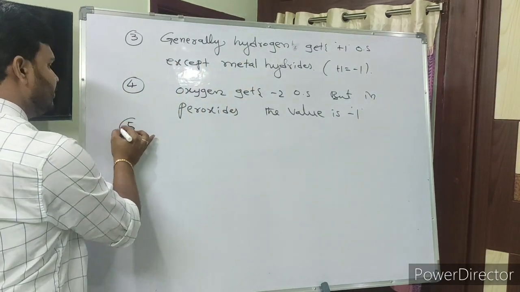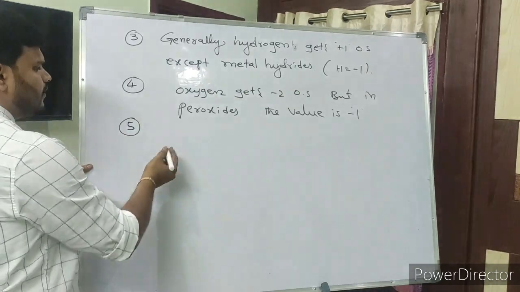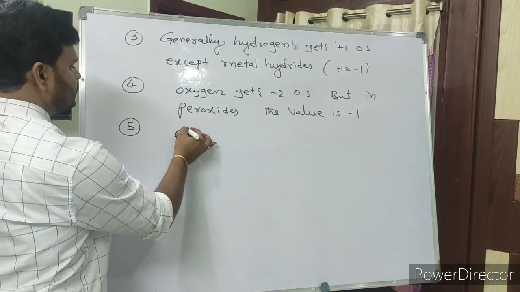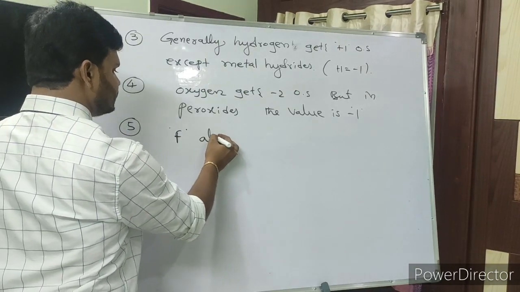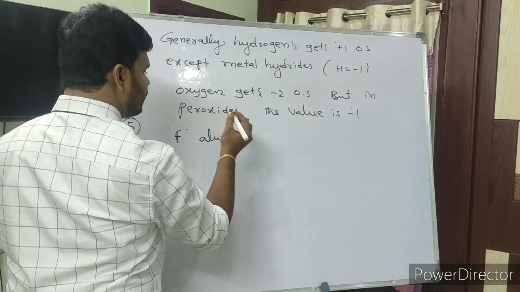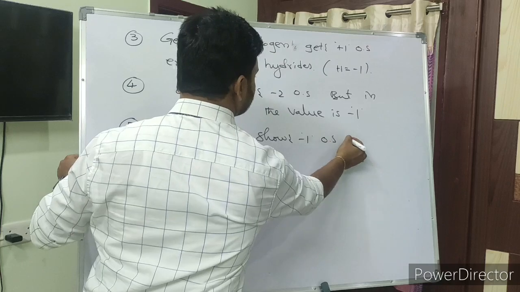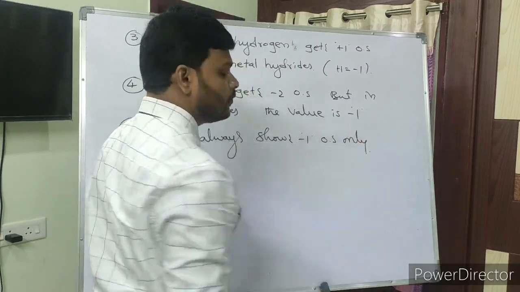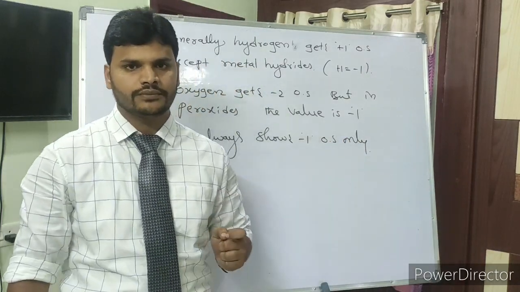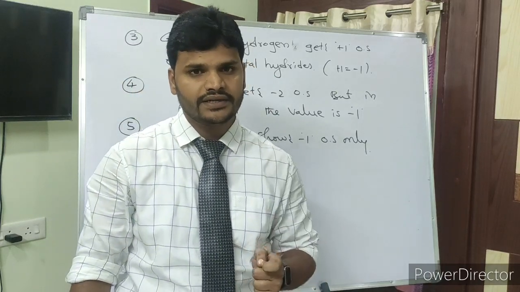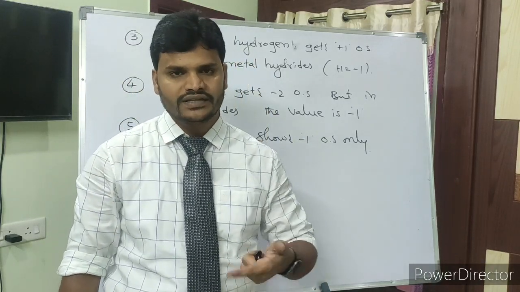Next, very important point, oxidation state of fluorine. So fluorine always shows minus 1 oxidation state only. Why? Because in our periodic table, the most electronegative element is fluorine. So what is oxidation state?